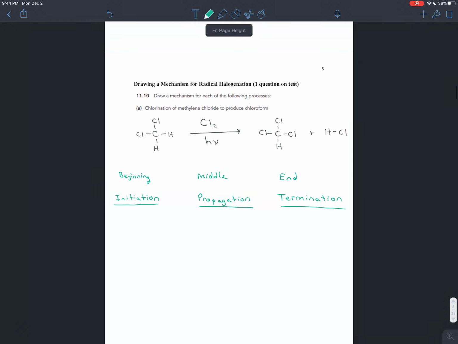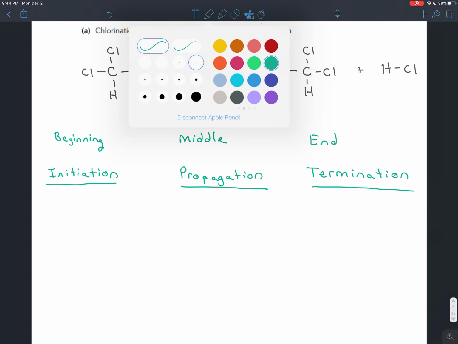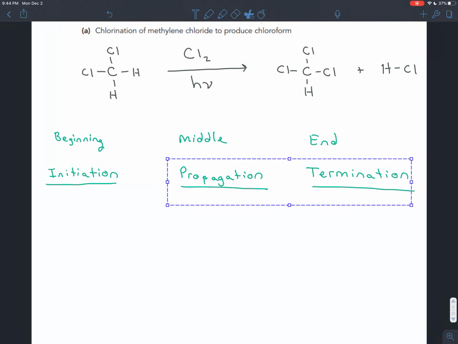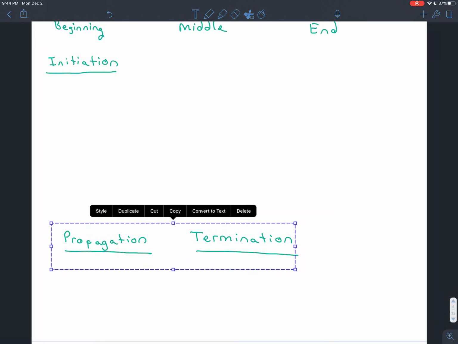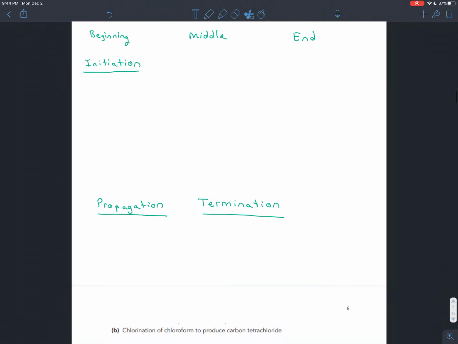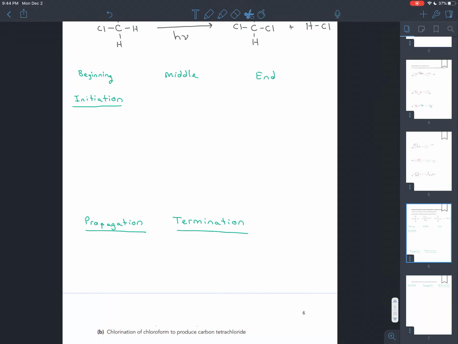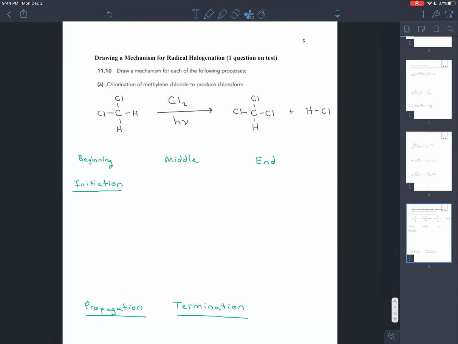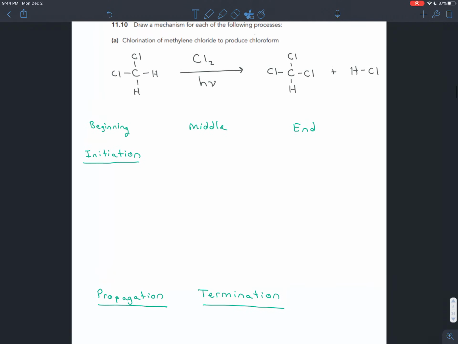Okay, so let's think about these one at a time. How do you make radicals in the initiation step? Let me make a little room.